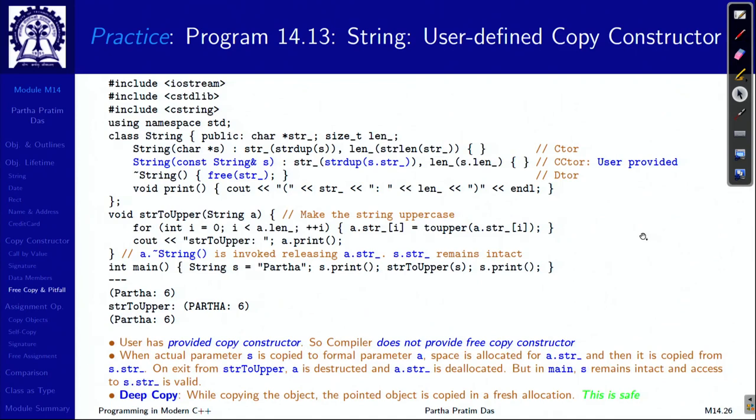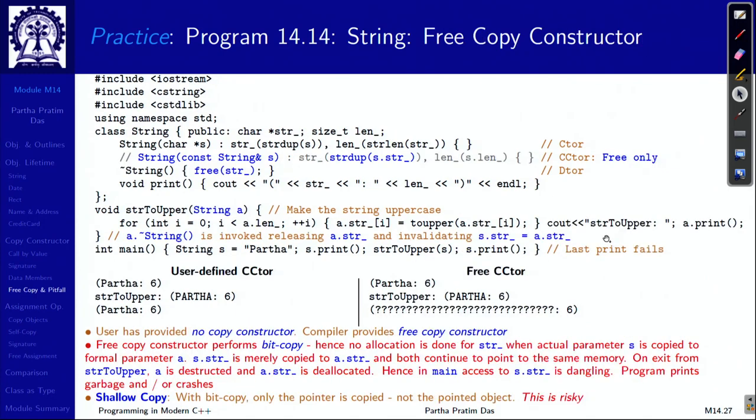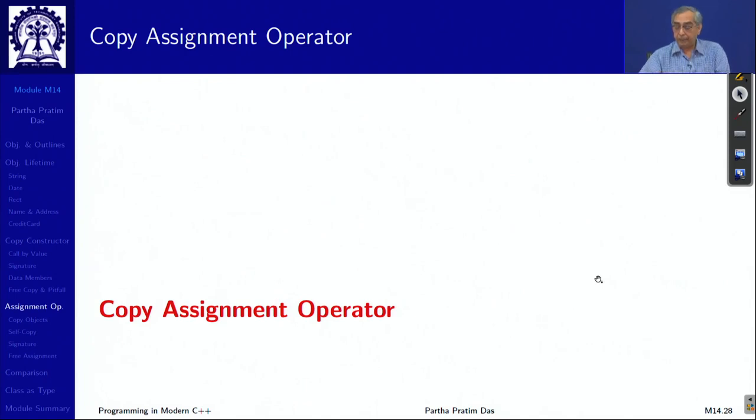There is a user defined copy constructor for a string class, please try that, and in the notes I would always suggest that you do not read the notes first, first understand the program. If you cannot figure it out, or after you have figured out what has happened, then build and try to run it. Once you have seen what is happening, then you go to the notes and confirm that your understanding is correct. So, this is how the practice must be done.